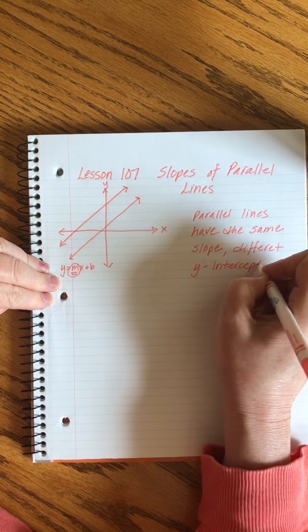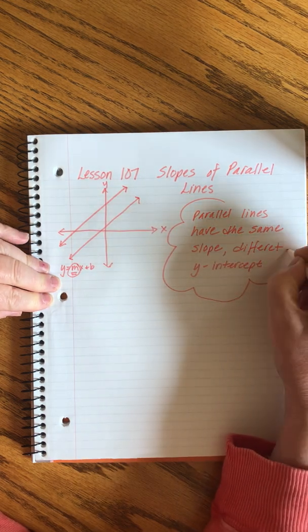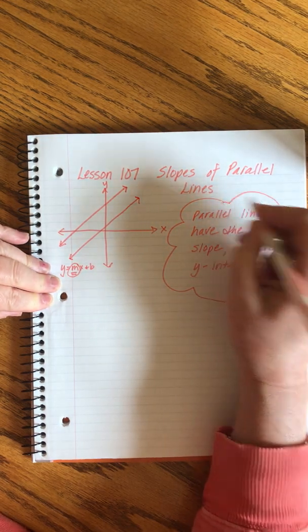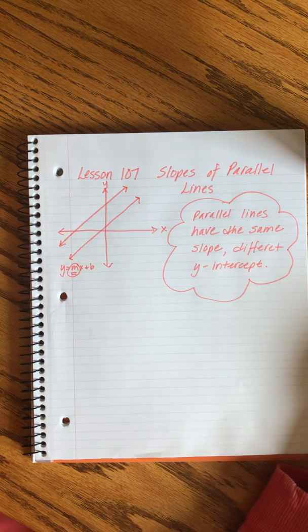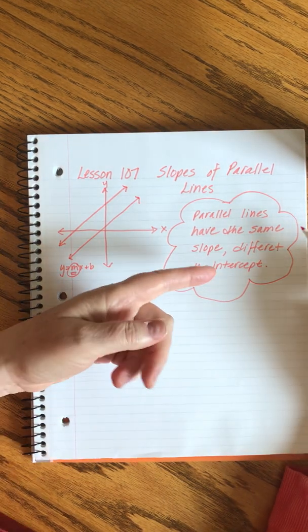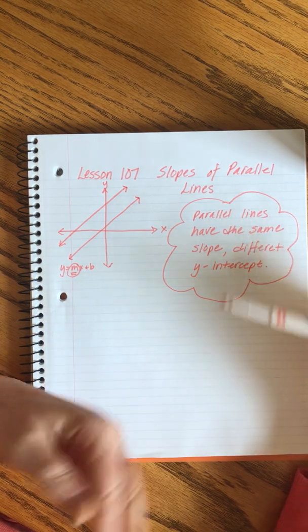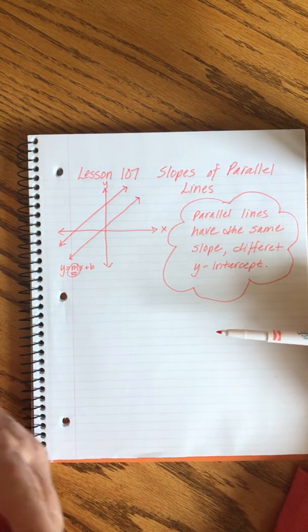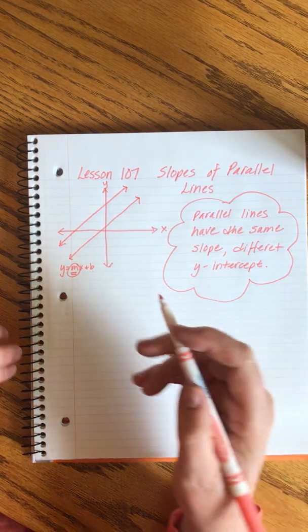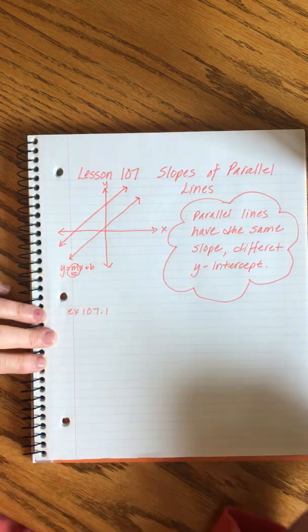This puffy cloud of knowledge is hugely useful to us, because if we're trying to find the slope of a line and we find out that it has a parallel line, then we can just take the slope of the parallel line and use it for our line. It saves us work.